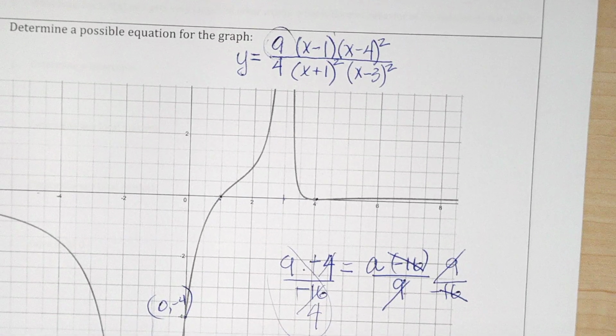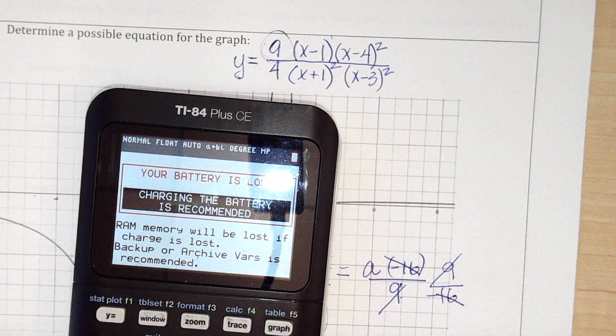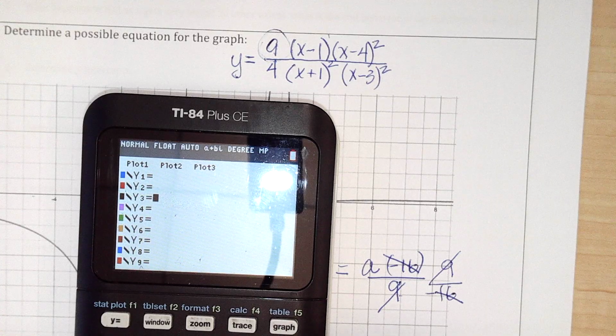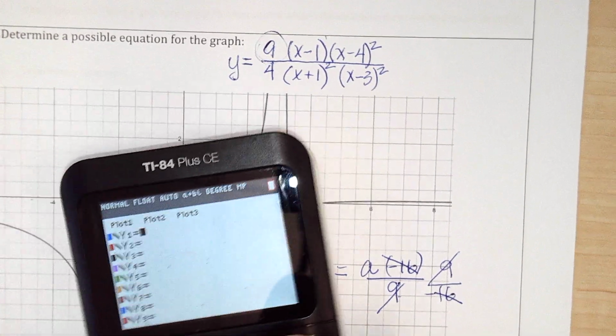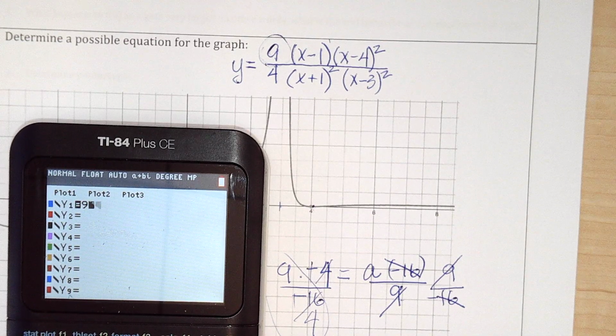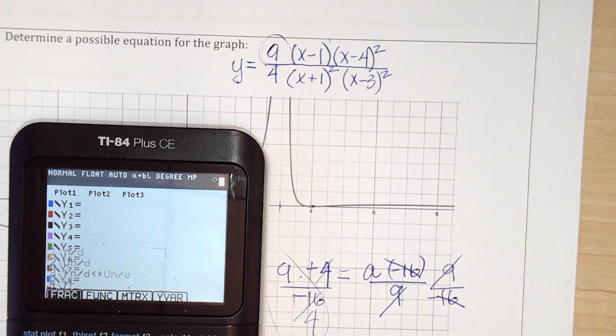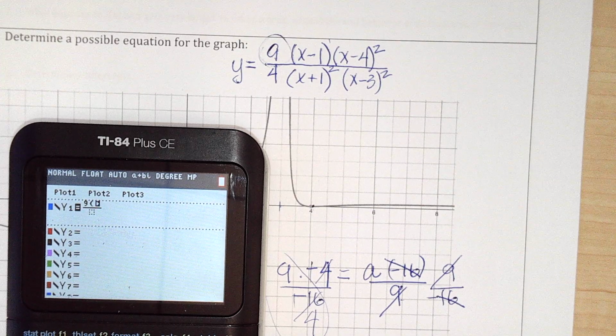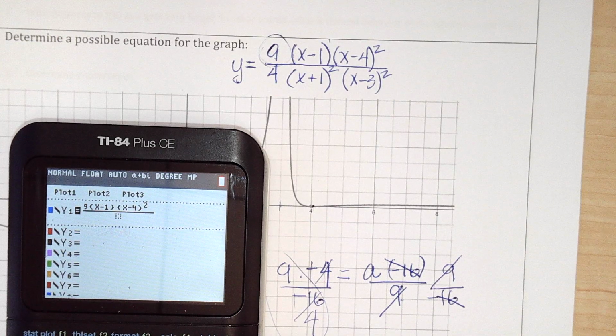Let's see how that looks. So, yeah, okay. Go to y equals, and I'm going to type in 9 parenthesis. Well, I better clear and make it a fraction. In the numerator, 9 parenthesis x minus 1 close parenthesis and parenthesis x minus 4 close parenthesis, and that one's squared.